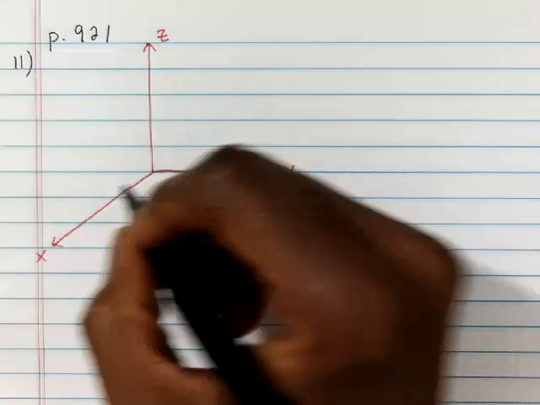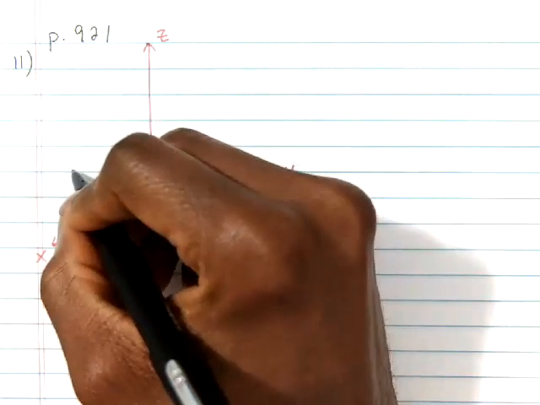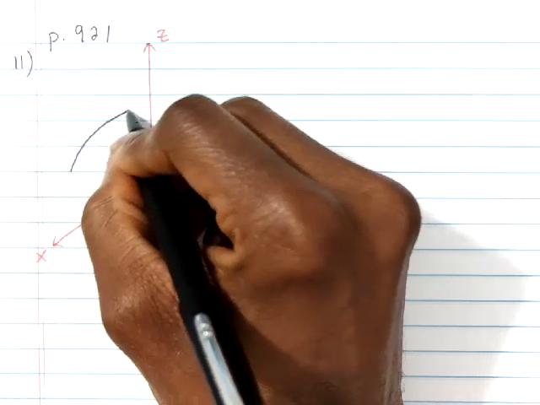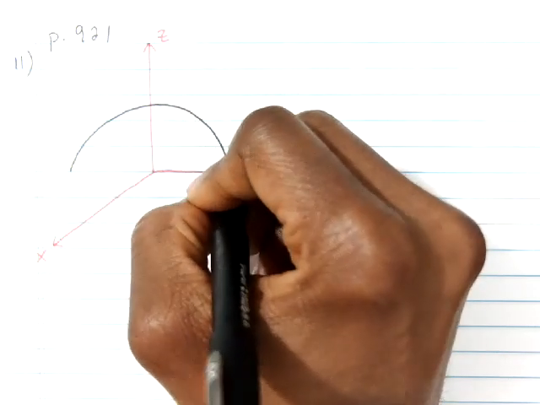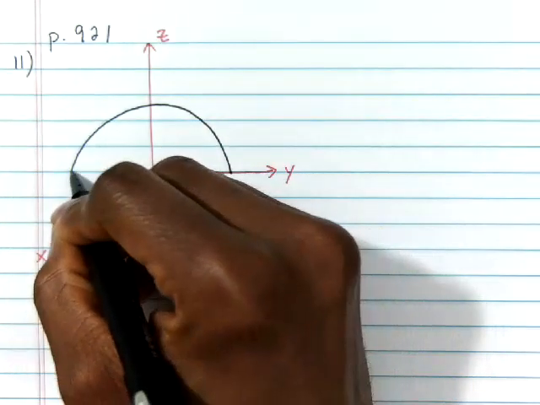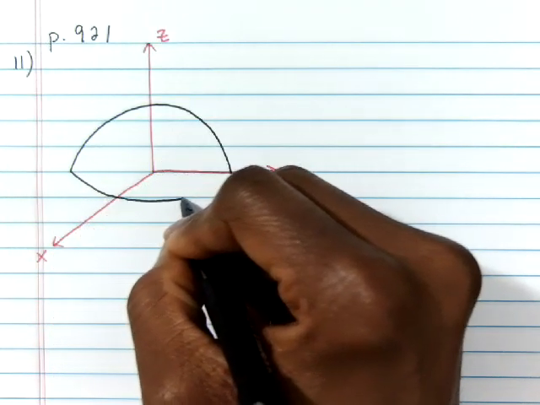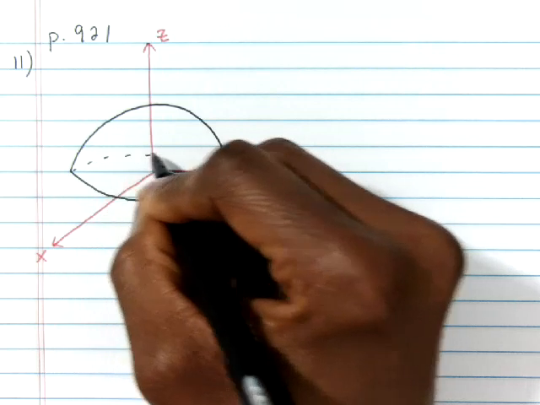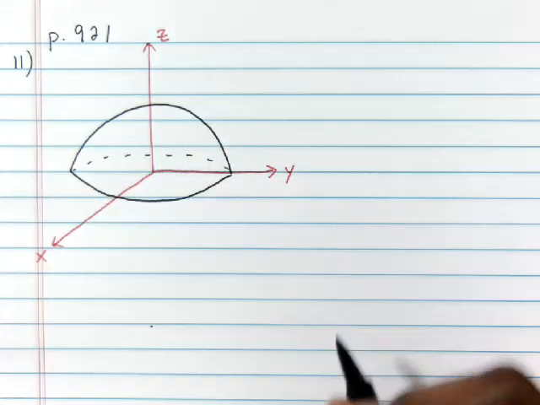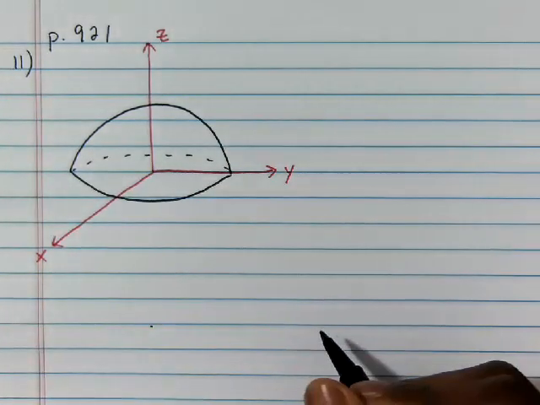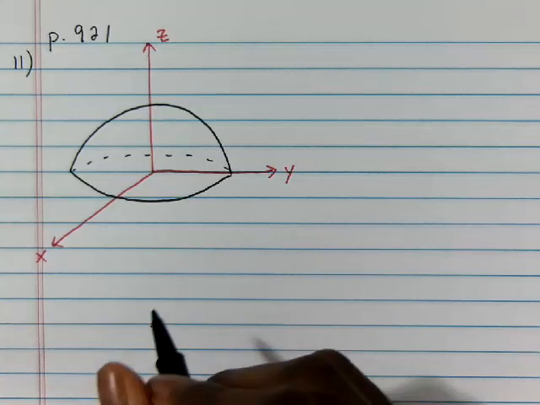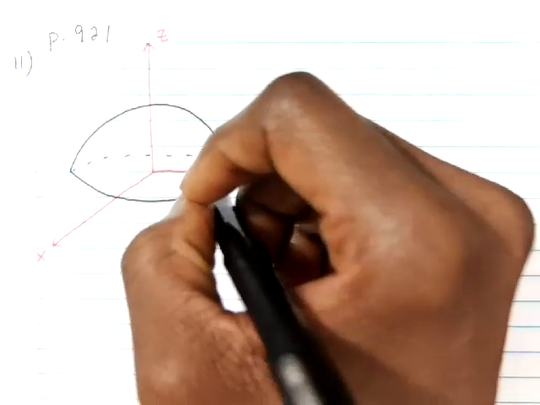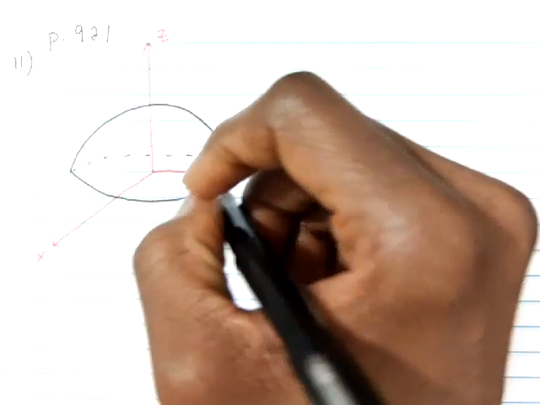Now, we're above the XY plane, so what we'll do is sketch a hemisphere above the XY plane. So we have something like that. And then it said we are inside of here and outside the cylinder. Now this hemisphere has radius 2.